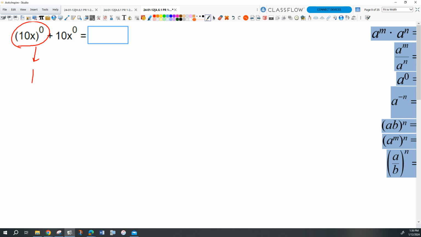How about the next one? We get plus, and then this one. What's being raised to the 0 there? Just the x. So x to the 0 becomes 1, but I've still got this 10 out front. So it's 10 times 1, which is just 10. And so the total answer becomes 11. Okay?